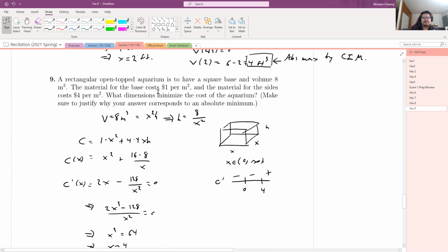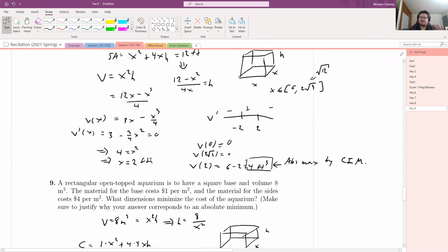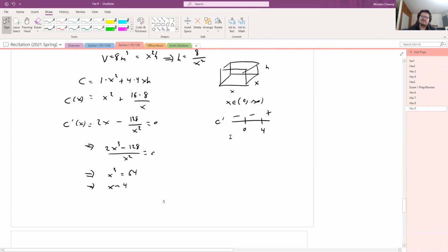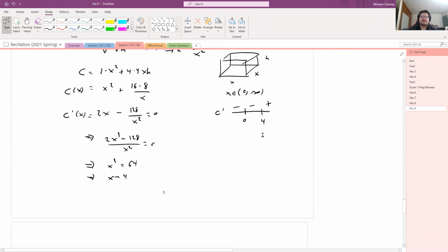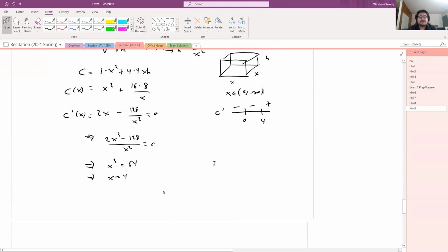Here, with number 9, we're given volume, and we're trying to optimize surface area. We can think of cost as a weighted version of surface area. So just by flipping that, we have a pretty different situation and we have to approach it differently as a result.